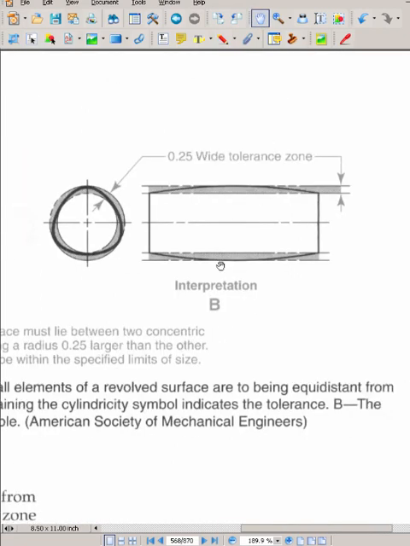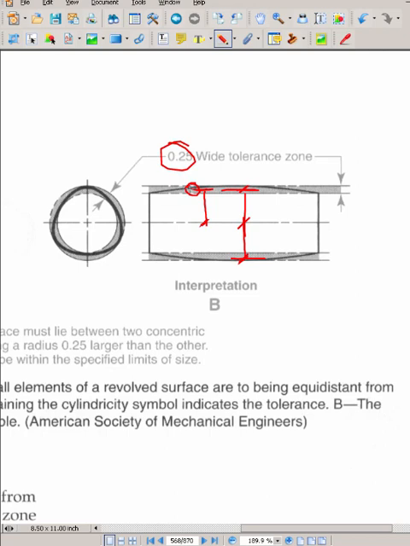It, however, is not based off of the perfect cylinder, but an equal distance from the axis. So if this tolerance zone is 0.25 wide, then we would draw the correct value of what the cylinder's center line is supposed to be, and then we would create the 0.25 based off that. And we just check the cylinder.